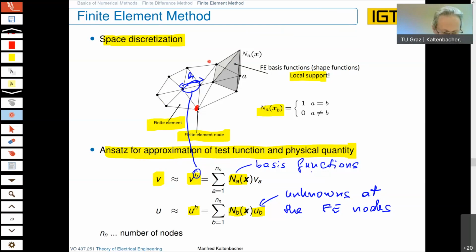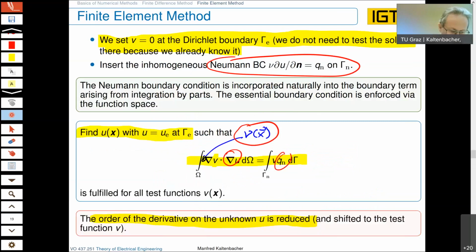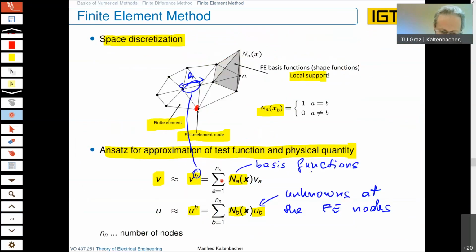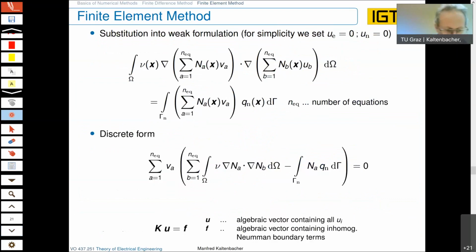Okay, so that means we have our weak formulation, which is still the continuous one. Now we will substitute this approximation for the test function, and this approximation for the unknown physical quantity u. Yeah, and then we should get out a discrete system of equations. So as you can see here, for simplicity, because inhomogeneous Dirichlet boundary conditions always need some tricks, let's do it for simplicity.